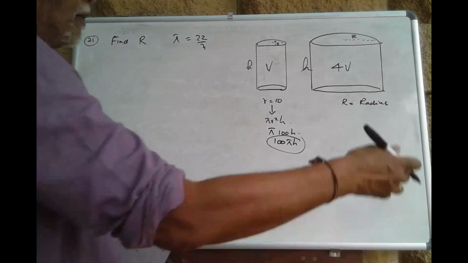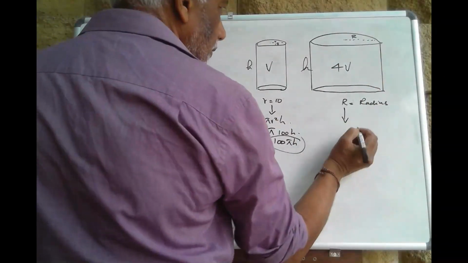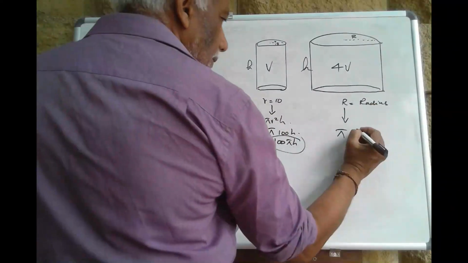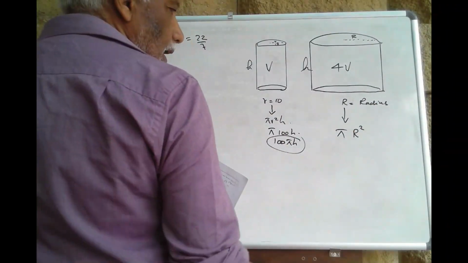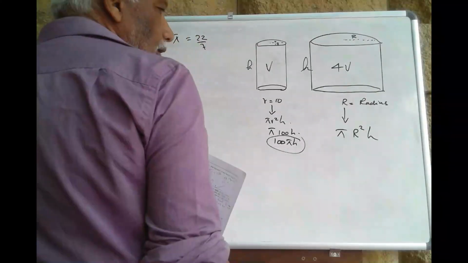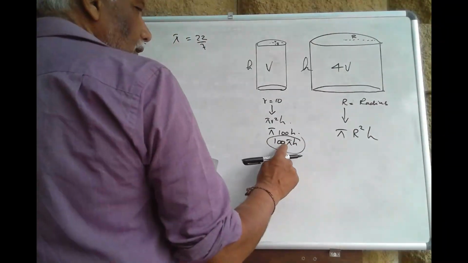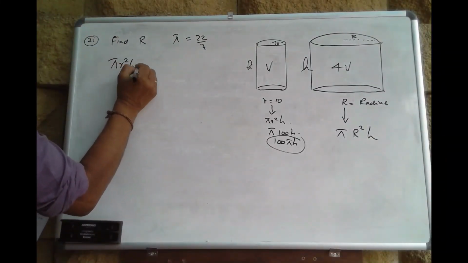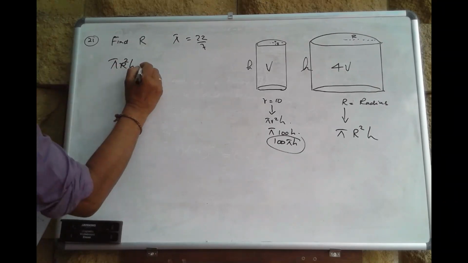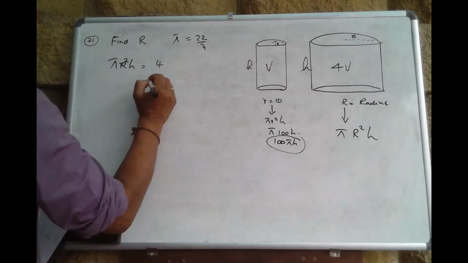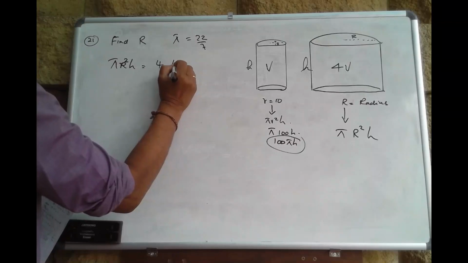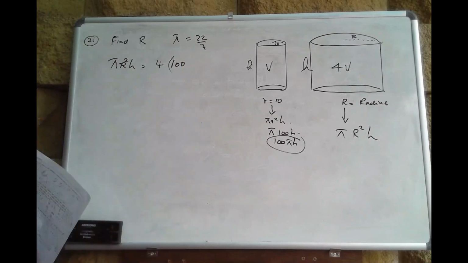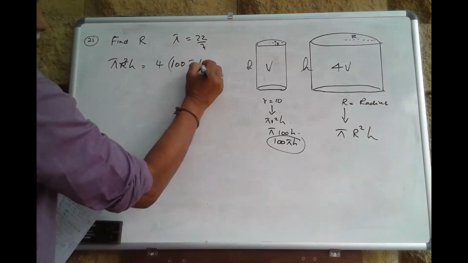So the volume of this one is going to be equal to, again, pi r squared h. So pi, this time capital R squared, and h. So this one must be equal to 4 times that one. Therefore, pi R squared h equals 4 times this one, 100 pi h.